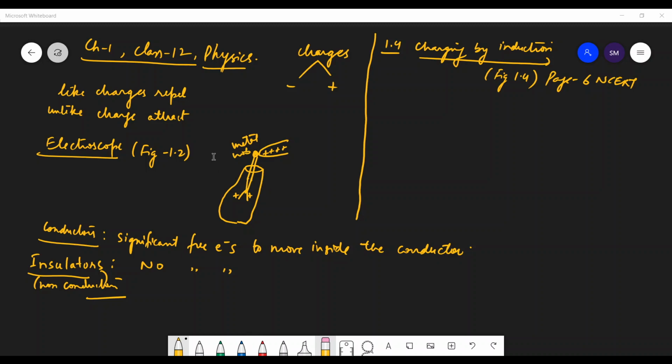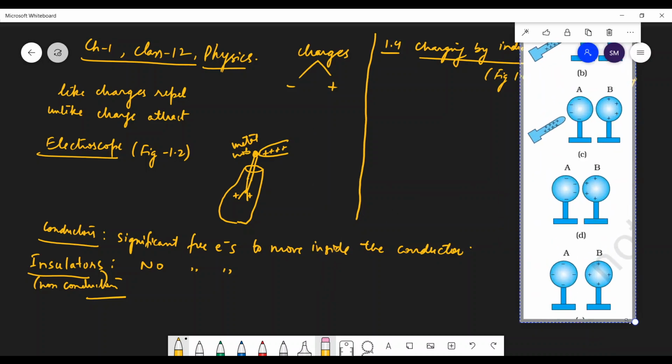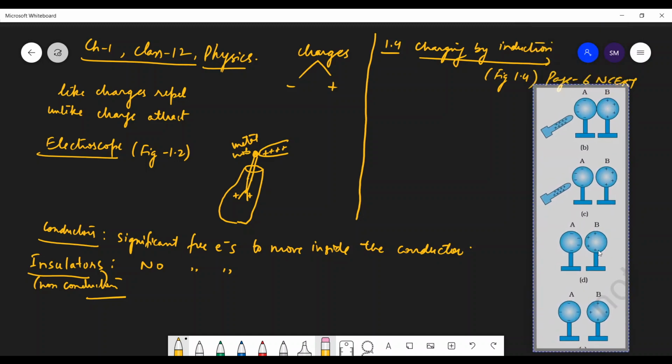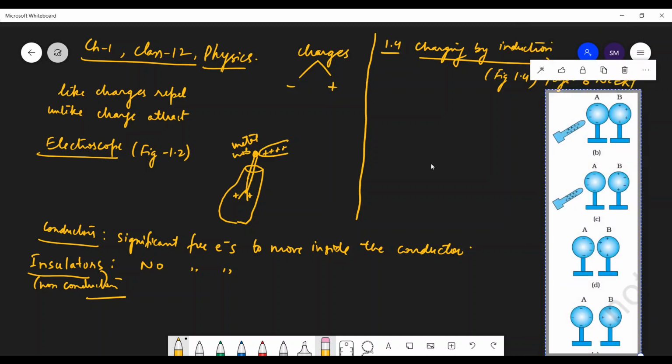That is why we have negative charge on sphere A. So this we call charging by induction. You can also see this figure over here, so you can clearly see this negative charge.